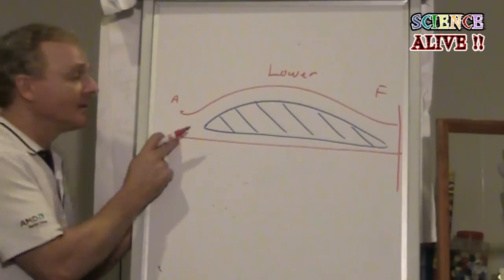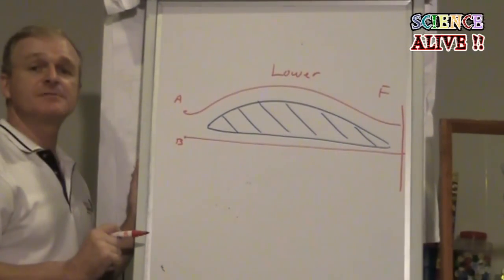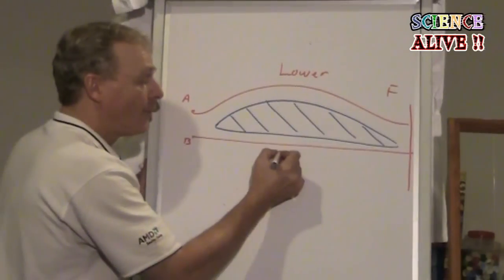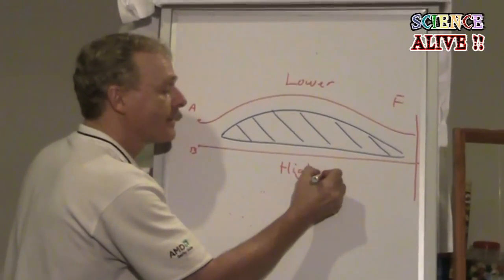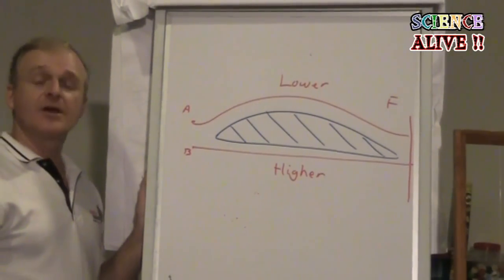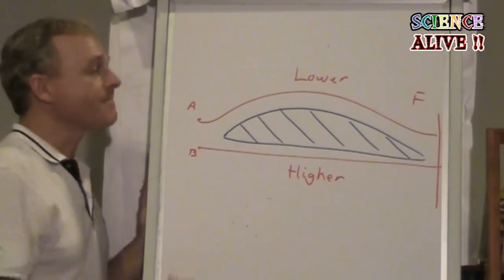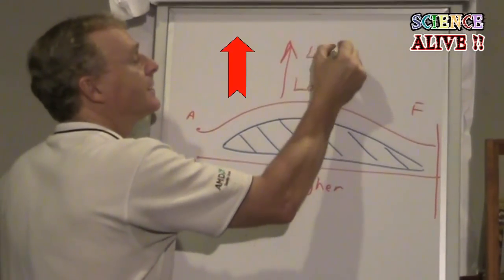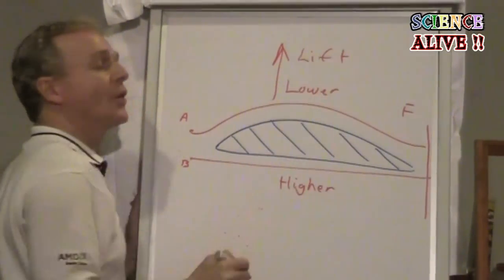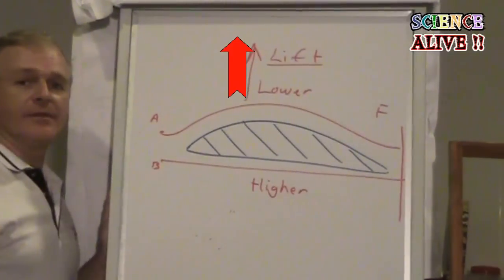Molecule B is going at a very steady speed under the wing, and therefore the pressure under the wing is higher. And this in turn creates a force, and that force is the magic thing that keeps airplanes flying, called lift.